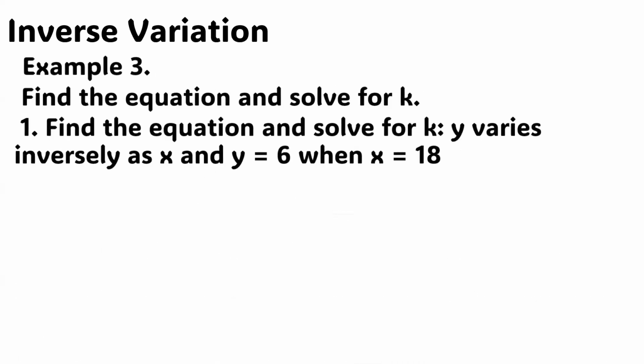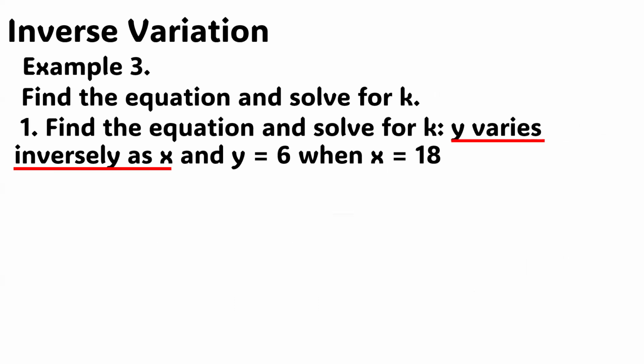Okay, so next natin is example number 3. Find the equation and solve for K. So this one, it will be a different thing. Find the equation and solve for K. Y varies inversely as X. So unahin muna natin yun.